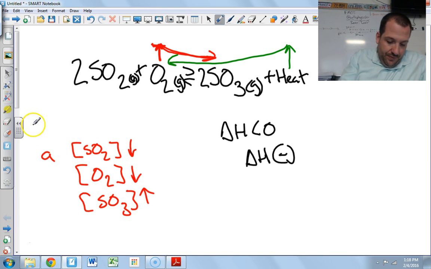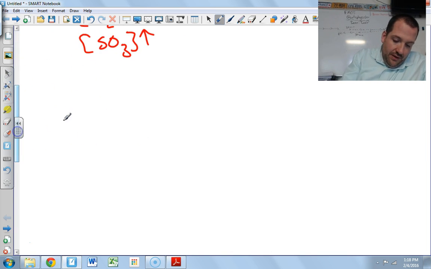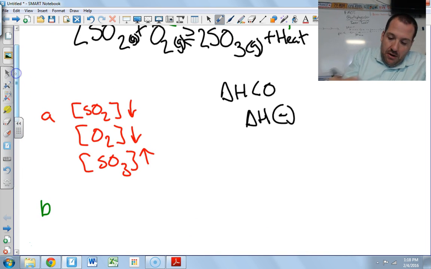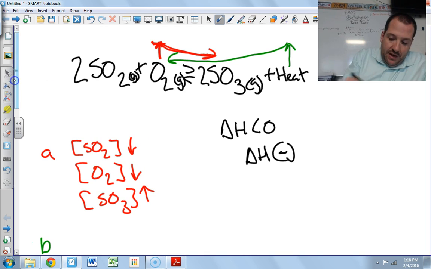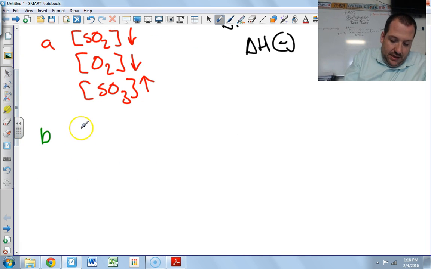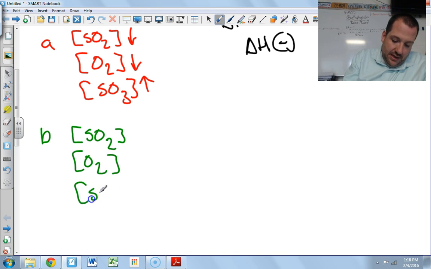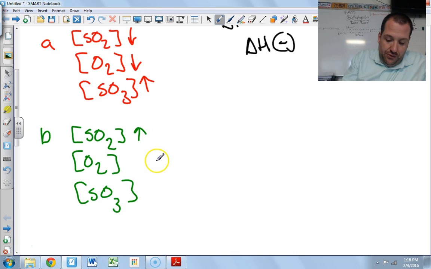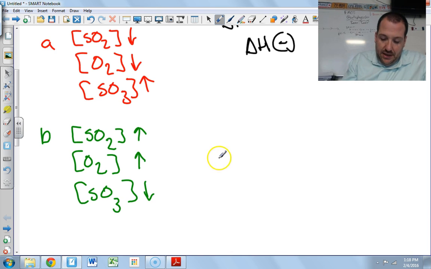For part B, SO2 has increased, O2 has increased, and SO3 has decreased.